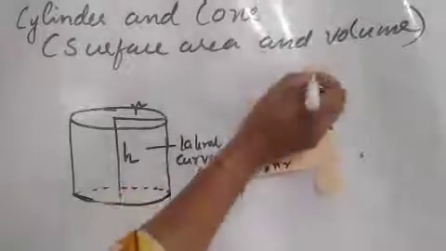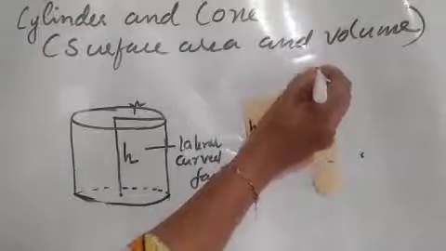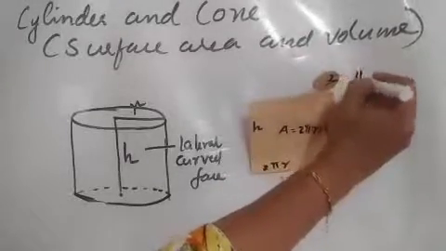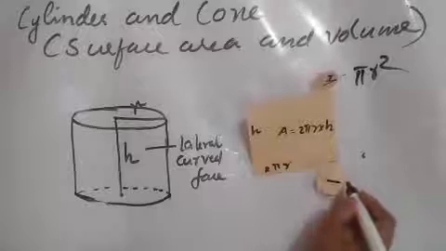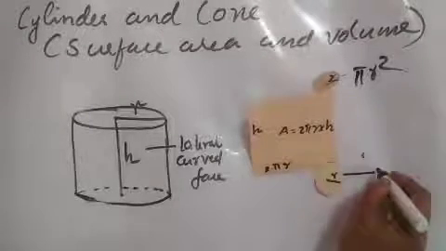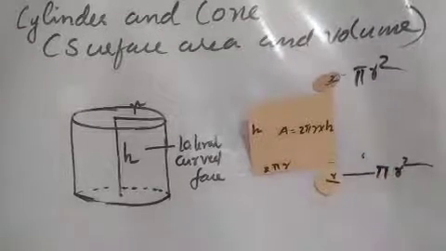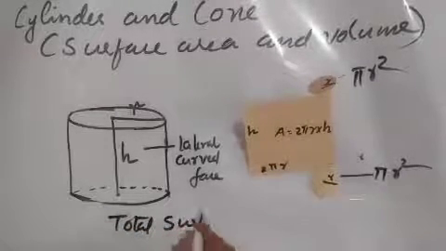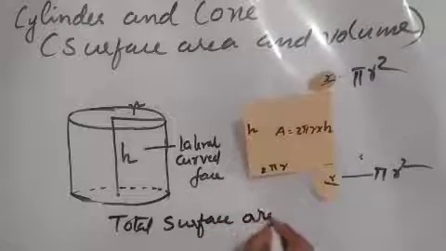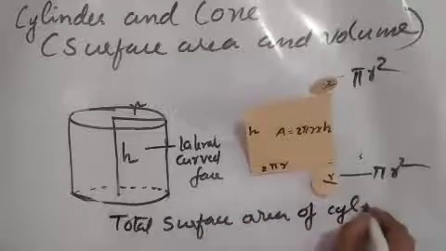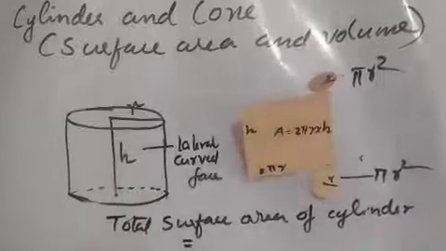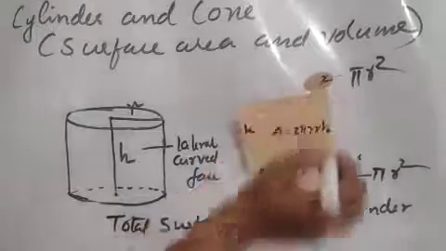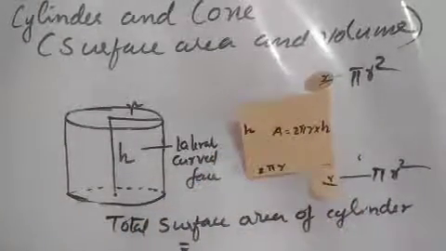And what about this shape? Top and bottom are of the shape of a circle. So what is the area of a circular shape? Pi r square. And what about this shape? Same, with radius r, so the area is pi r square. So how can we find the total area? Yes, total surface area of cylinder is lateral face area or curved surface area plus 2 base areas.